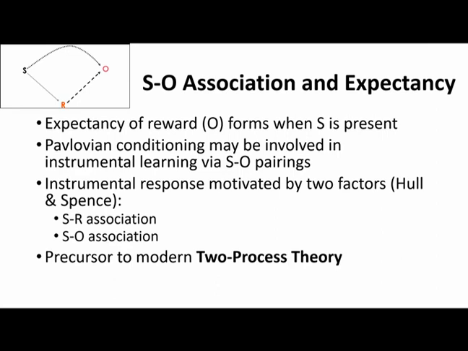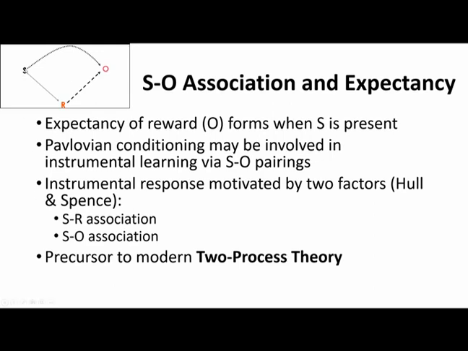pointed out by Hull and Spence when they first started trying to understand what was going on within instrumental responses. Their basic idea was that the instrumental response was motivated by two factors. The first being that the presence of a stimulus evokes the instrumental response, RR, directly through an SR association, so that's this branch here, and at the same time, the instrumental response is made specifically because of an expectancy of reward, that SO association.